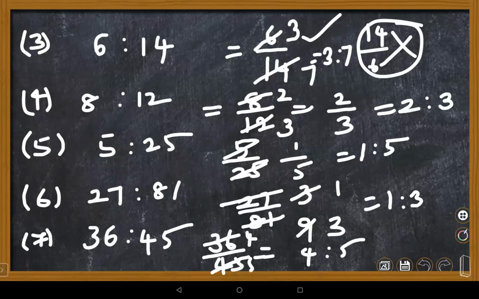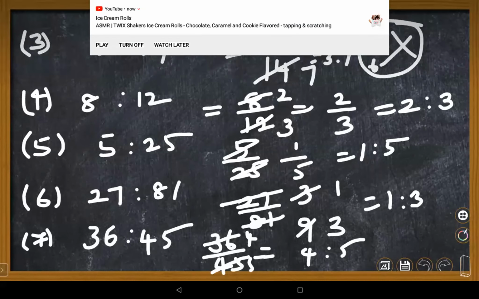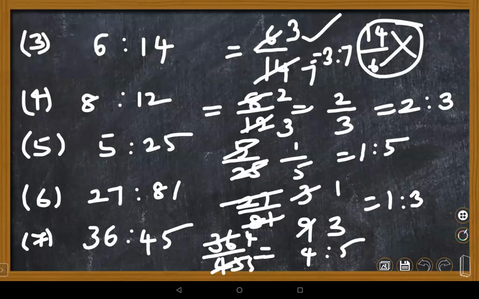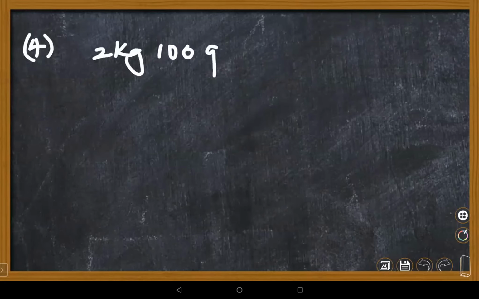Just before going ahead, we need to know one more application of our ratios. Children, express the ratio of 2 kgs 100 grams to 450 grams. I'm giving direct questions here. In this case, units are not the same, children.